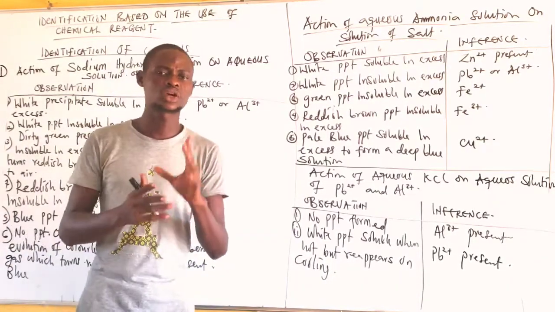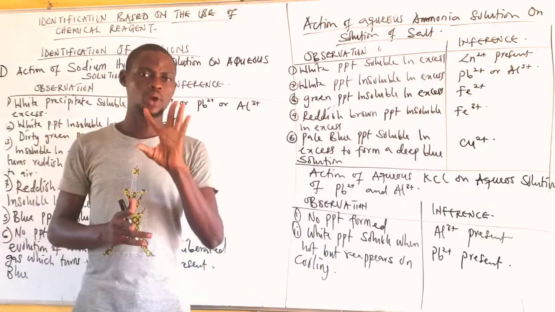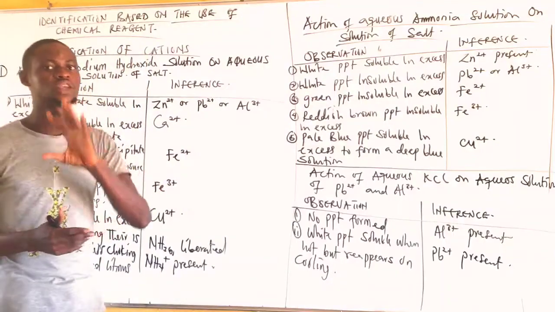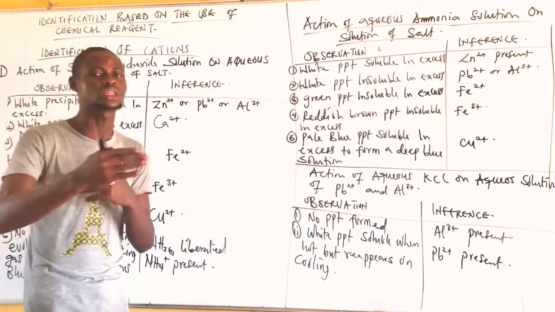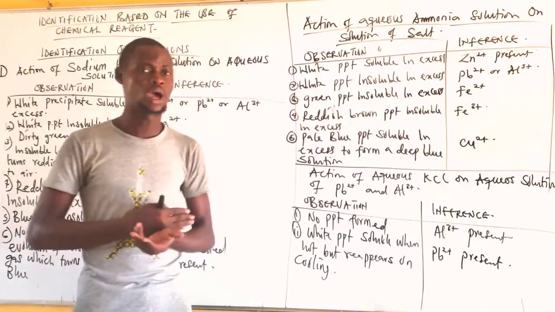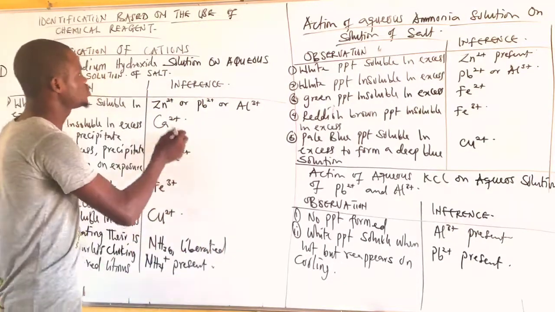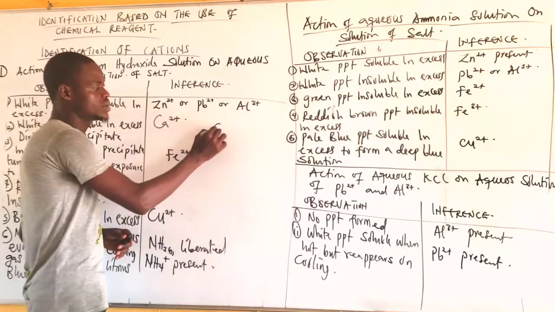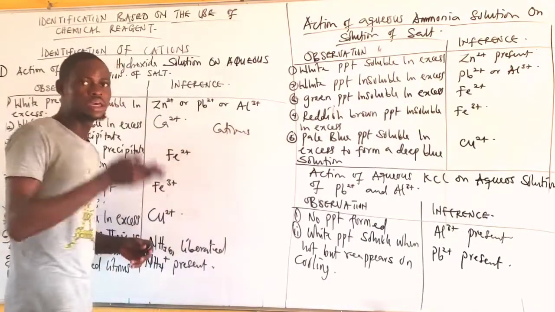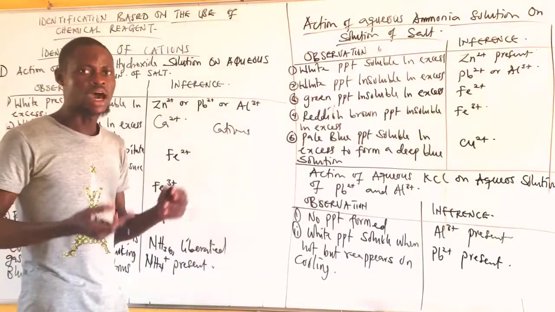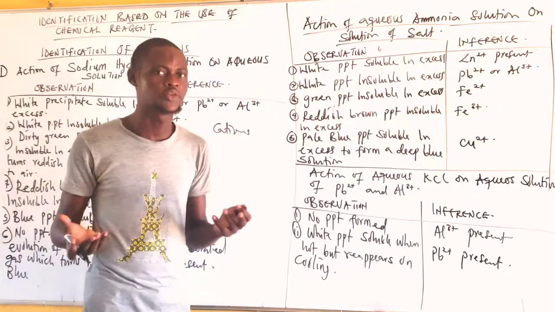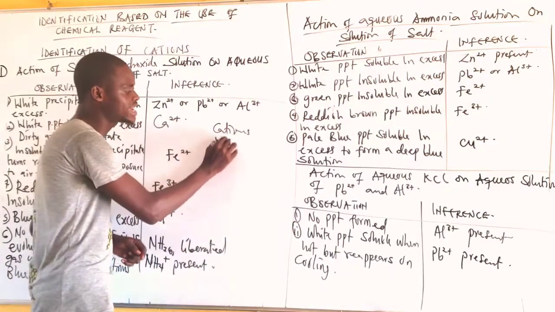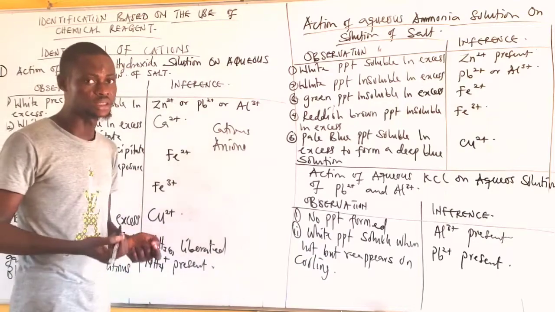Now, this is usually done in three ways. That means we normally use chemical reagents to identify three things in a substance, which is the major thing that is acting for you in WAEC. The first thing that we can use this chemical reagent to identify is cations in a salt. As we also know, cations are positive ions, and we can also use it to identify anions, which are negative ions.